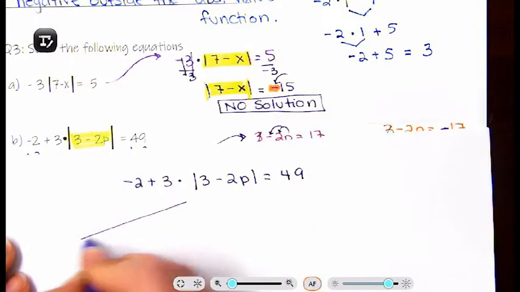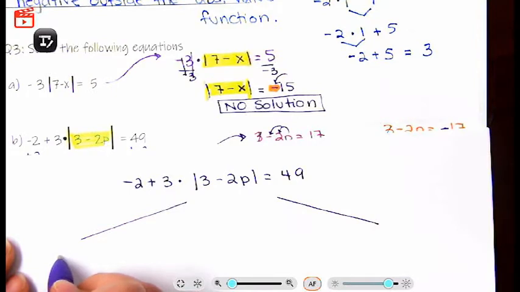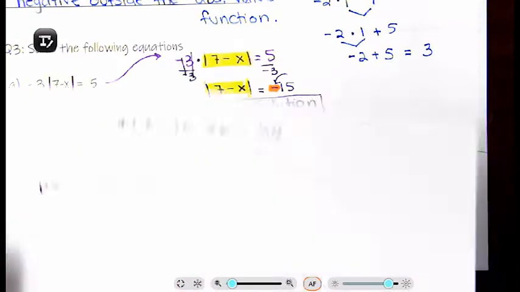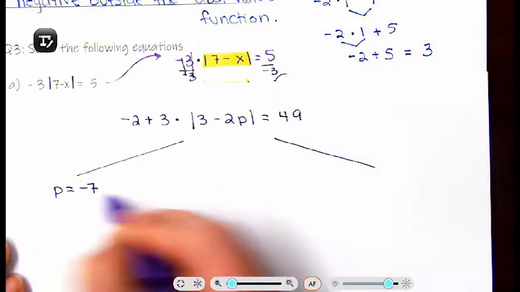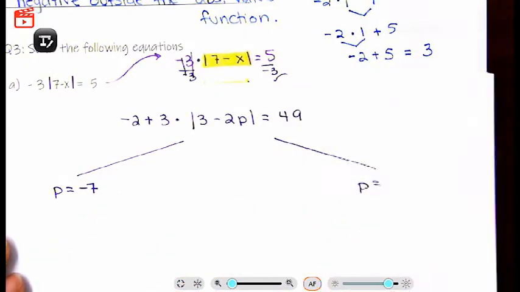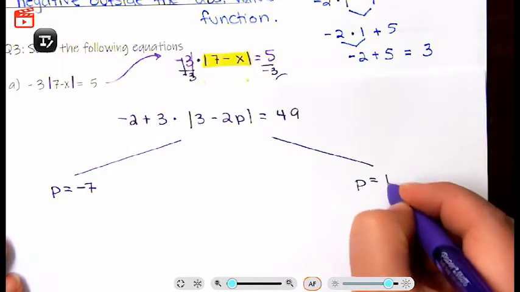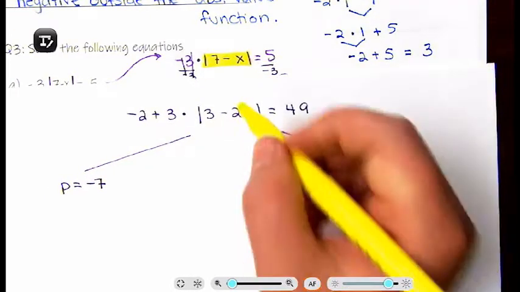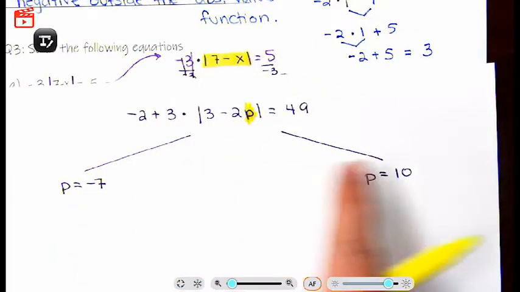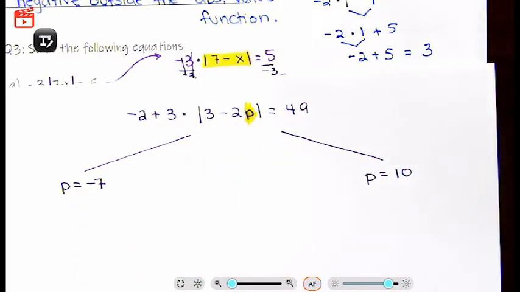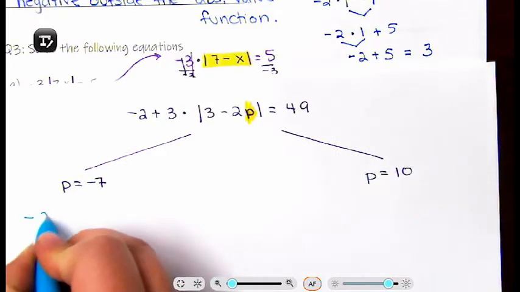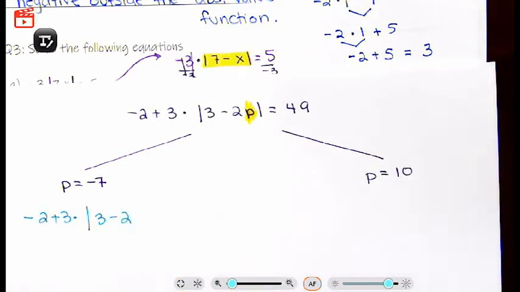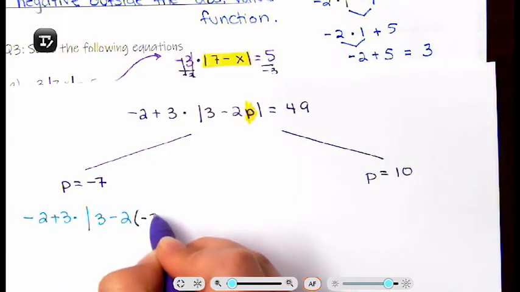We're going to do this twice. One time for p equal to negative 7, and one time for p equal to positive 10. When I plug them in, I'm replacing this p with one of these numbers. Negative 2 plus 3 times the absolute value of 3 minus 2 times negative 7.